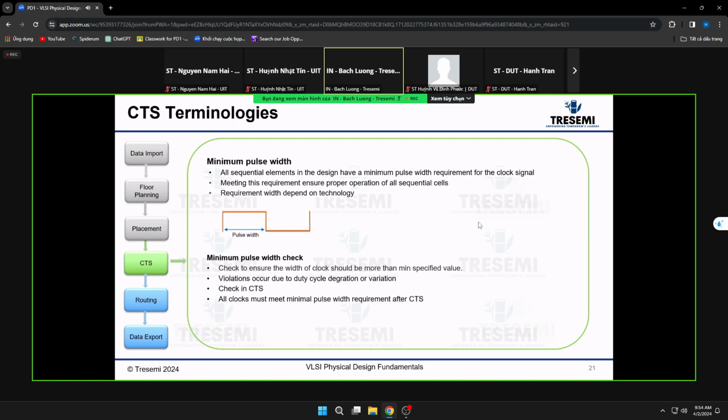So this happens after CTS. In placement you can't do this because there's no clock; the clock tree is not in, so we can't check that. All the clocks must meet the minimum pulse width requirement after CTS. That is one of the checks that must be carried out.